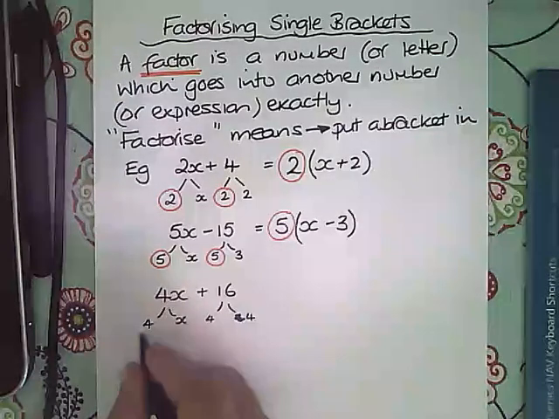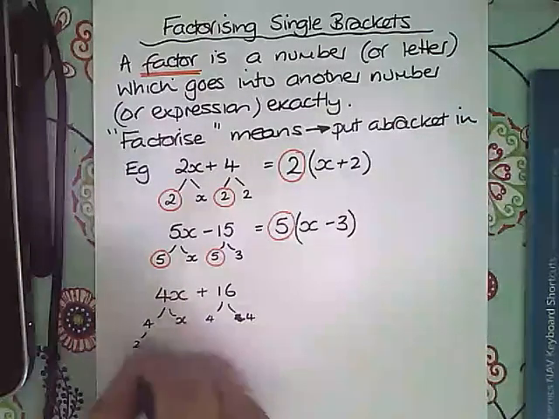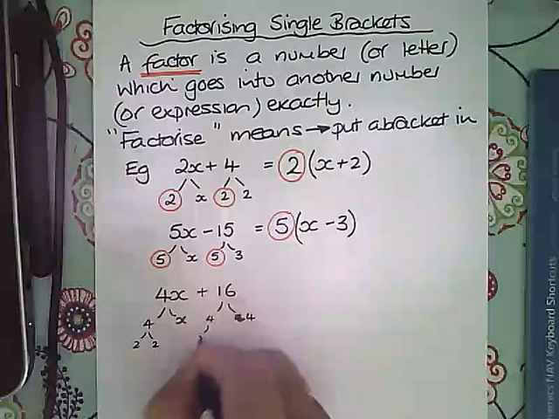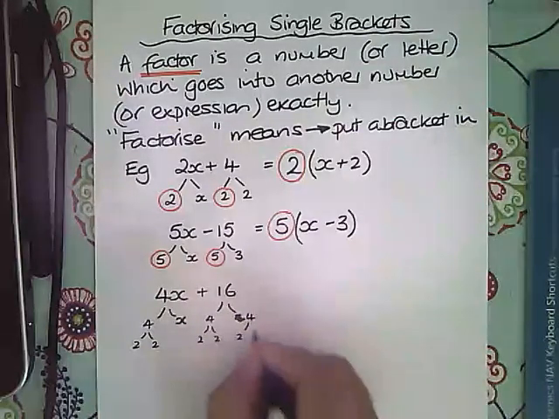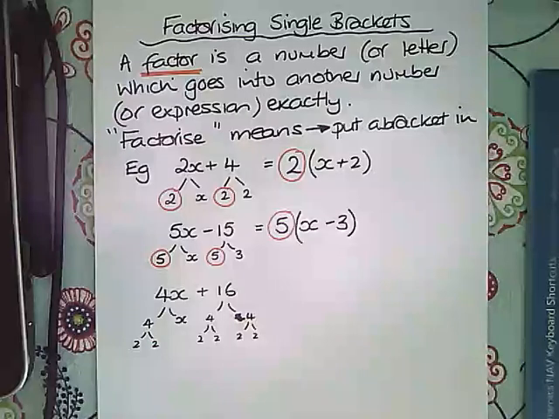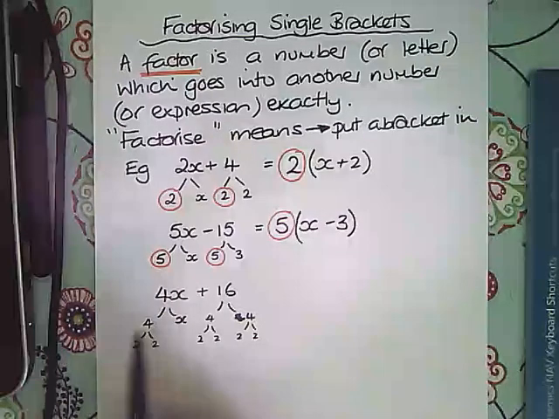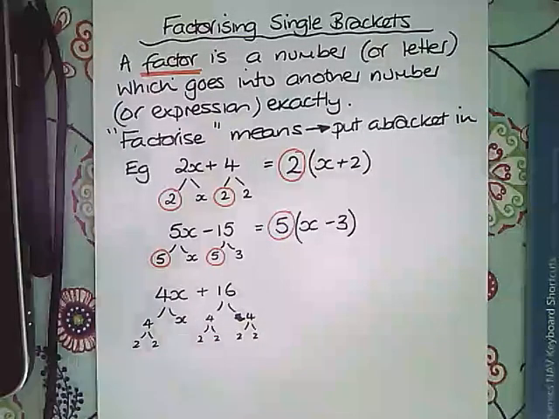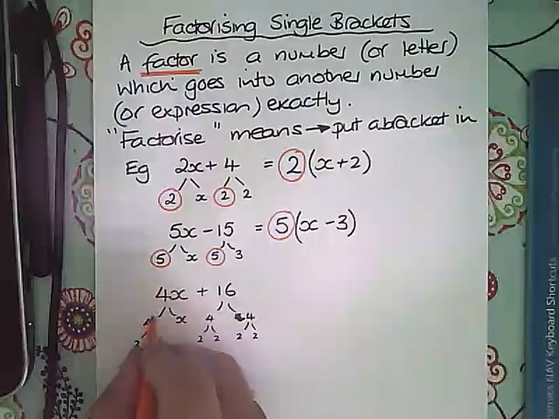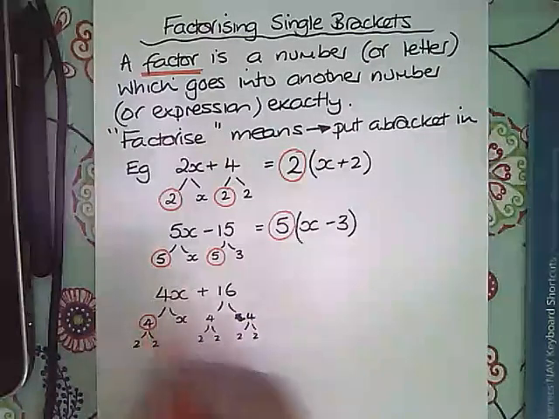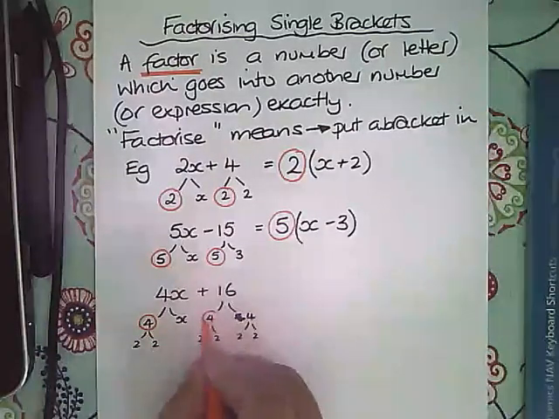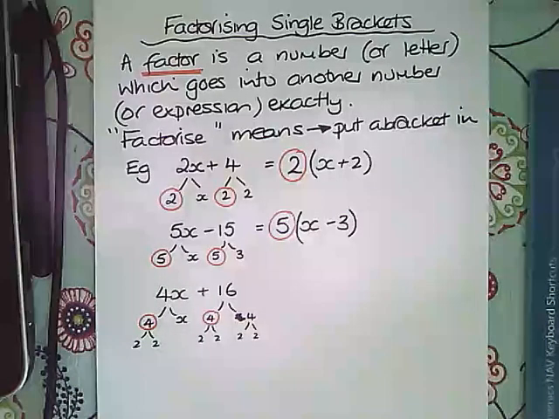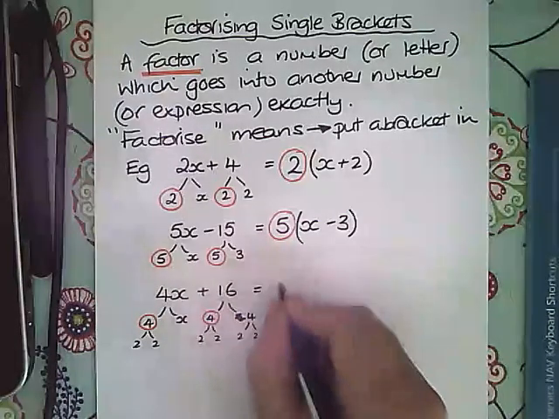I can split these down again to 2 and 2, and here the same, 2 and 2 and 2 and 2. But I'm looking for the largest number, so it's this row of factorising that I need to have a look at. The largest number that goes into 4x and goes into 16 is 4, so that is going to be the number on the outside of my bracket.